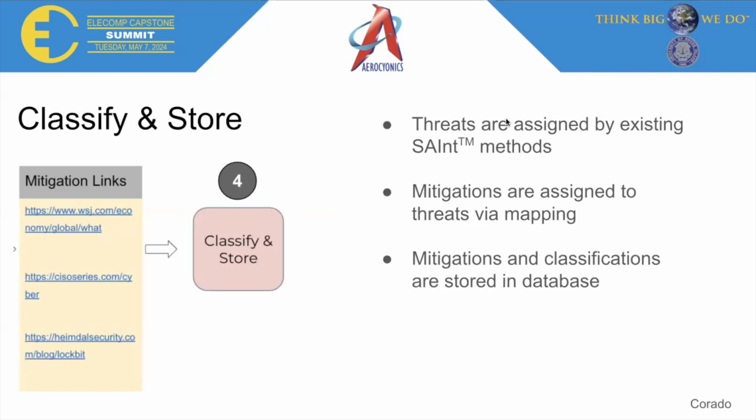After that is complete, we use the threats that are assigned in the previous step to assign mitigations using a mapping script that I will talk about more in depth in the next slide. And finally, after that whole process is complete and we have our threats and mitigations, we then store the mitigation links and their classifications into a database that is handled by Aerocyonics.